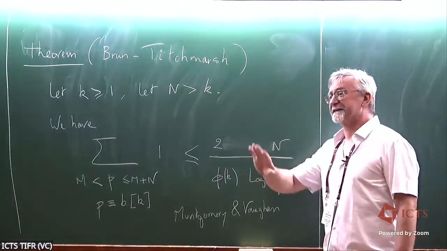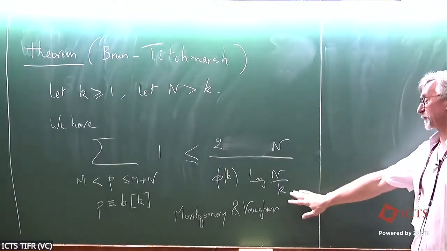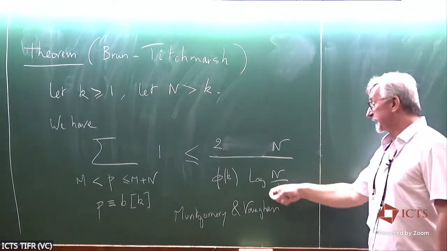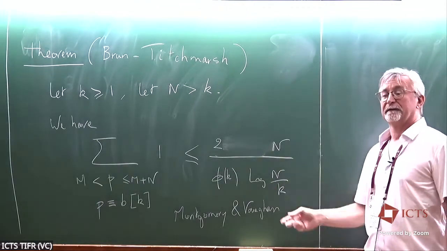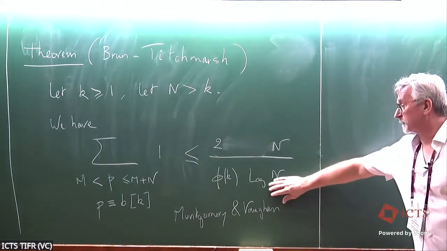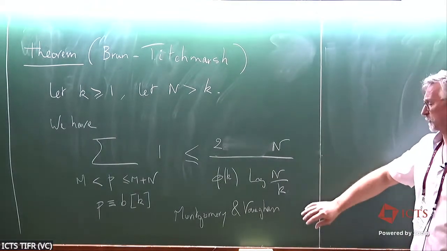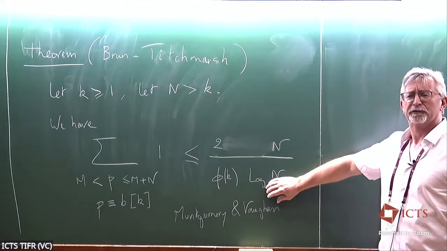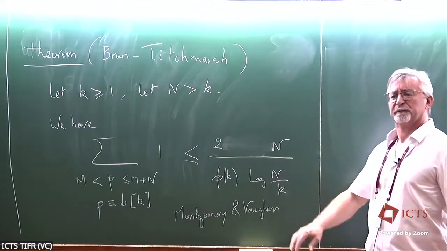If you want to kill Siegel zero, a power of log is enough, so you can assume that you don't have that. But it's true that it's n by k and not n. There's been a paper by many people that puts a log n. I think Maynard can put log n till k is n to the 1/4 or something like that. I mean, there's a fight on that.